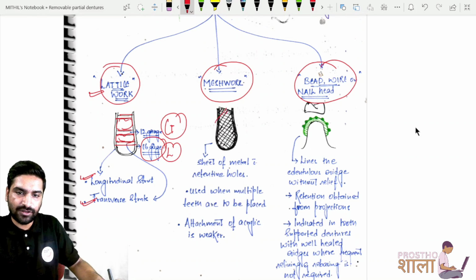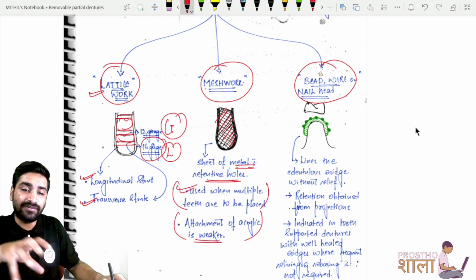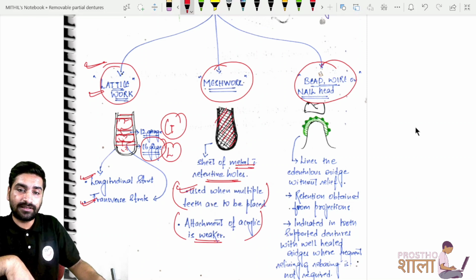In the same way, you have a meshwork kind of denture base, where a sheet of metal with some small minute holes is present. This can be used where you want to place multiple teeth, and attachment of acrylic is a bit weaker than that of lattice. Here the acrylic goes in and out all around this denture base part, I mean the major connector part, and then it gets interlocked, whereas over here the interlocking is less.